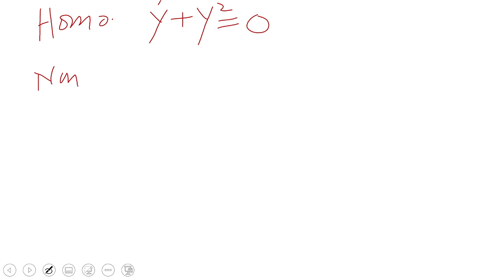Okay, now there are two types of these. Homogeneous: what is homogeneous? If I take the nonlinear expression equal to 0, this is homogeneous. And non-homogeneous if I take the same equation equal to some function of x, let's say x.